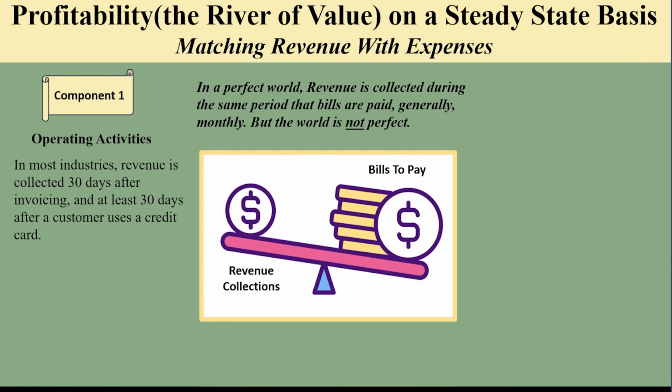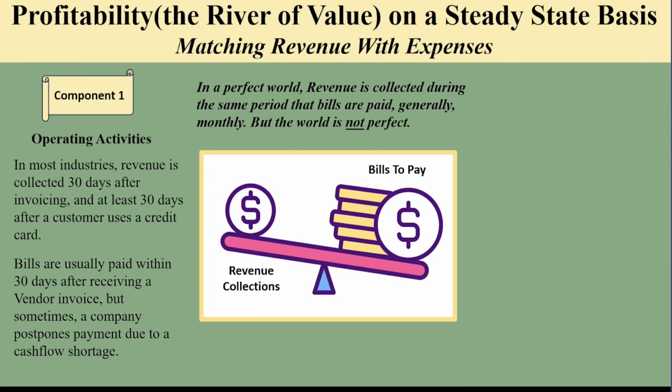In most industries, revenue is collected 30 days after invoicing and at least 30 days after a customer uses a credit card. Bills are usually paid within 30 days after receiving a vendor invoice, but sometimes a company postpones payment due to a cash flow shortage. When this happens, we have financing activities come into play.